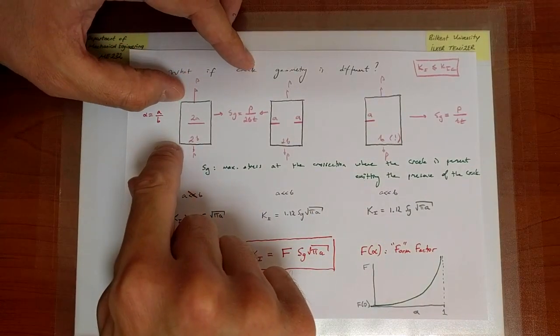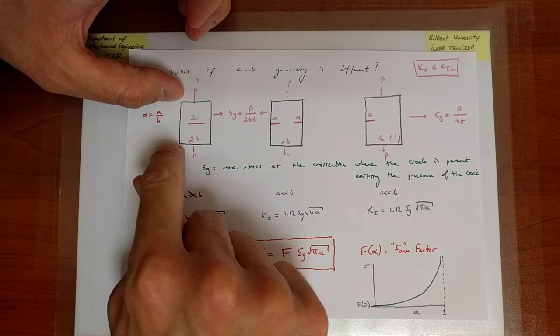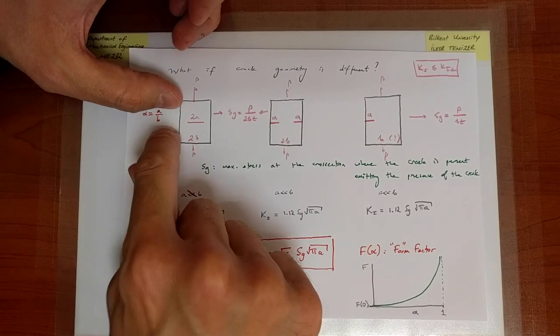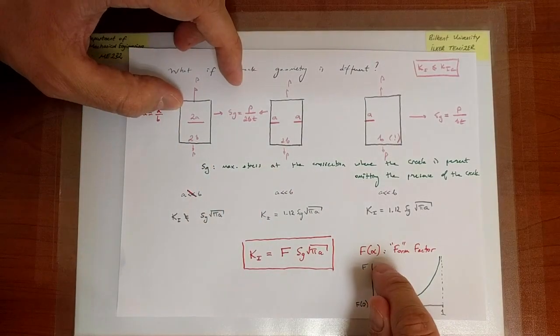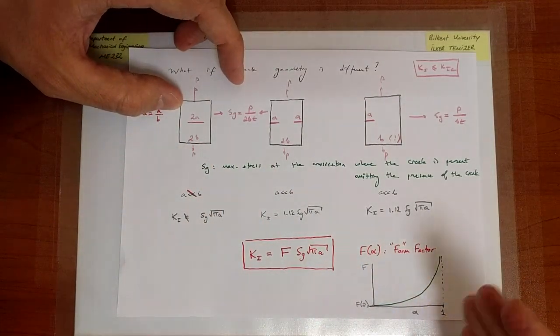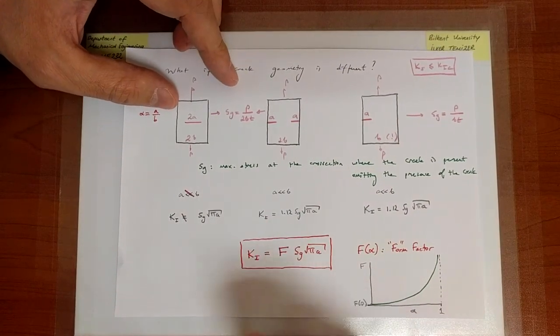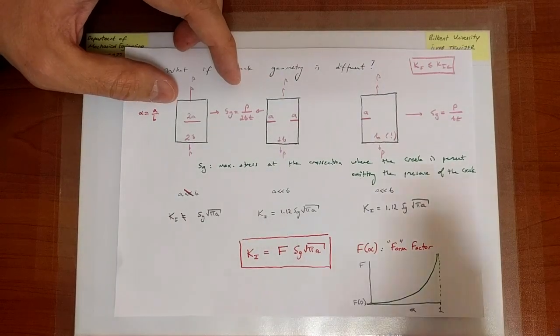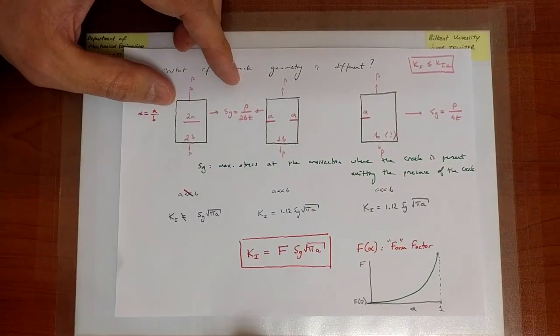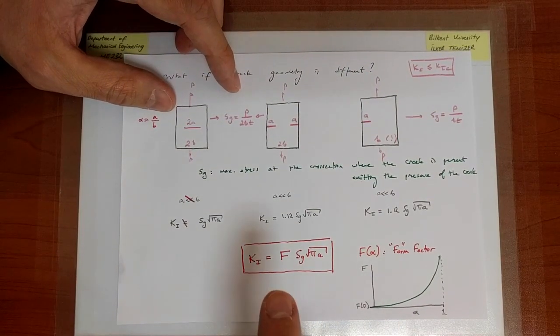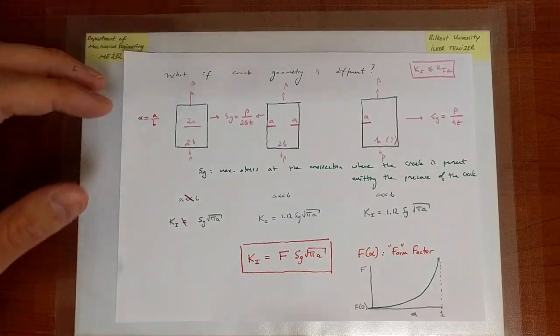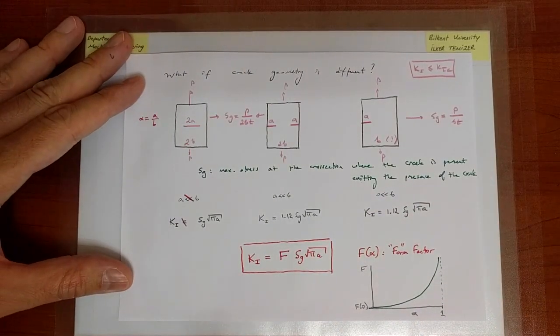Remember, I assumed that the height of the plate is also very, very large. If it's not sufficiently large, the form of F again changes, etc. So the form factor takes into account the deficiencies in every assumption that I have made regarding the crack scenario that I'm considering so far. So that's why it's called this form factor, or compensation factor, if you like.